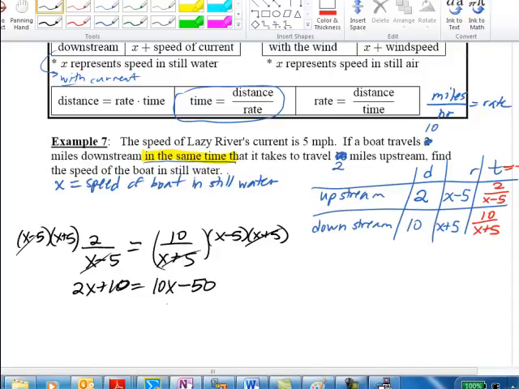And if we add 50 to both sides and subtract 2x, we'll have 60 equals 8x. So x is 60 over 8, which is the same as 15 over 2, or 7.5? We were talking about speed, and the other speed was in miles per hour, so 7.5 miles per hour.